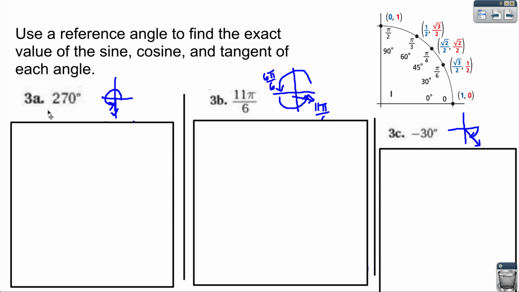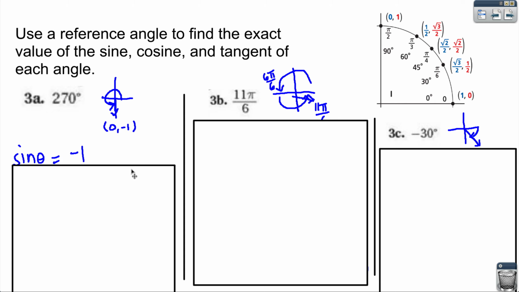Okay, so using a 270-degree measurement, we're going to find the reference angle. In this case, it appears that you don't need a reference angle because it's exactly on this point right here. Let's find sine of 270 degrees.